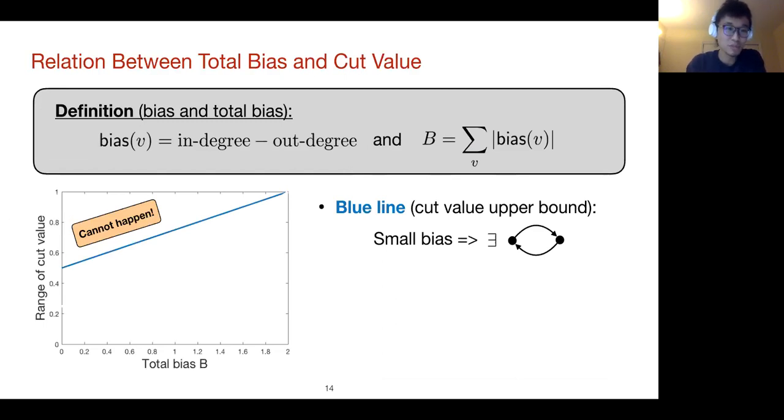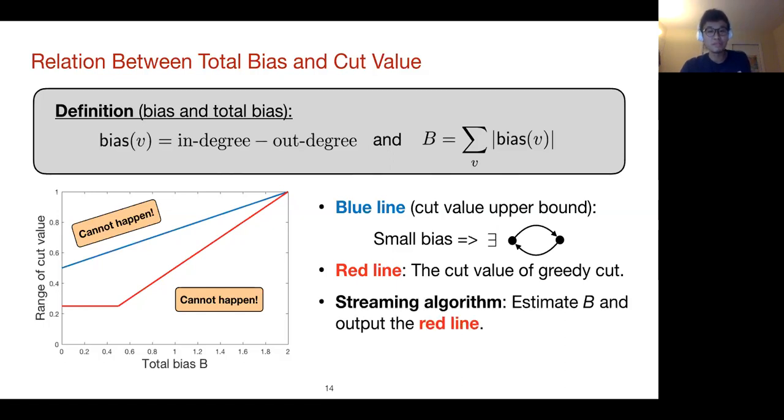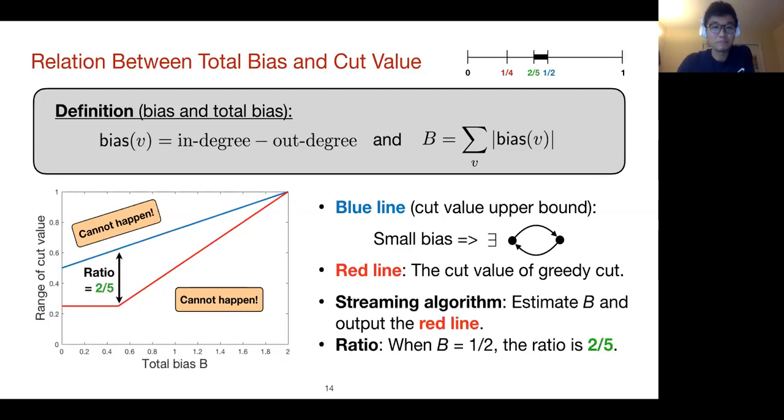When the total bias is super small, then we know that the cut value cannot be too high. They also give a lower bound showing that a certain value is achievable. So the output of the streaming algorithm is simply the red line, and the approximation ratio is the maximum ratio of difference between these two lines.